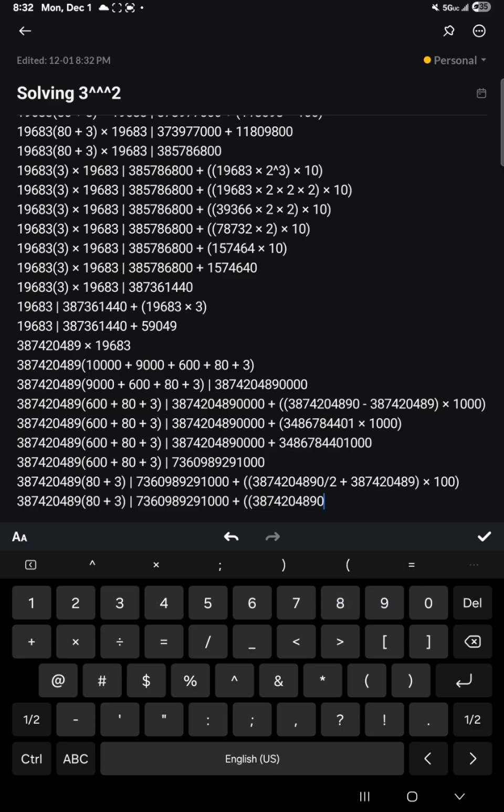Let's try and divide this by 2. This one is just 19. This one is just 37. 1.